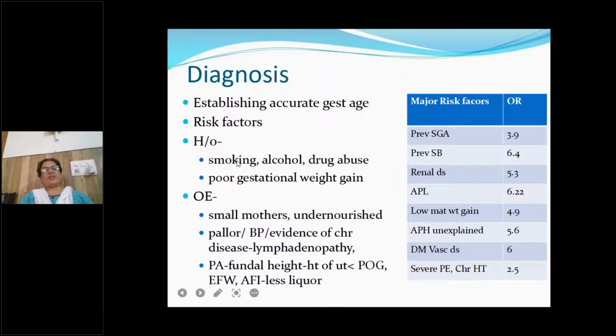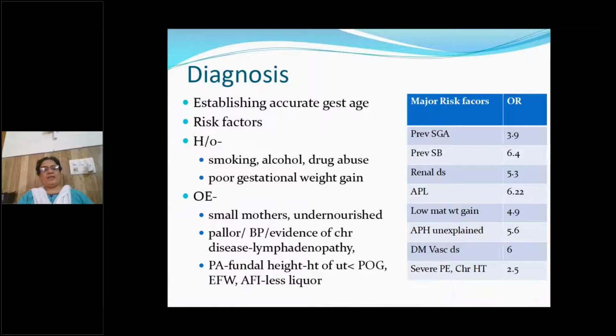Then you should also ask for a history of smoking, alcohol, drug abuse, poor gestational weight gain. On clinical examination, if the mother is small, the baby is likely to be constitutionally small. If the mother is undernourished, the baby is more likely to be SGA. So you may get some clue as to the possible cause.